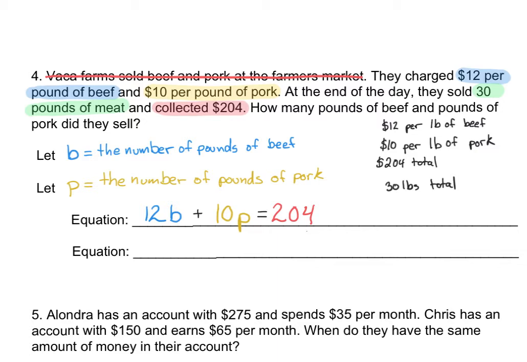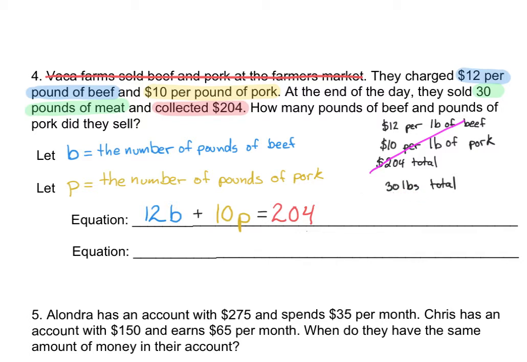I've already used all of this information, so now I'm going to focus on this piece of information that I have not yet used, 30 pounds total. I know that the number of pounds of beef is B, and the number of pounds of pork is P. That's how we defined our variables. And together, those add to 30 pounds.